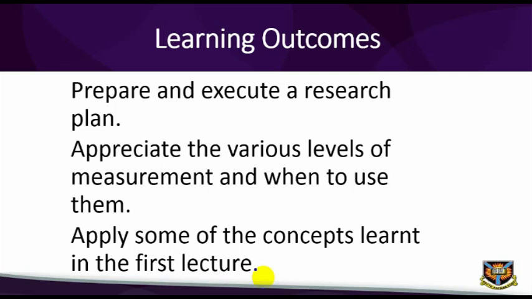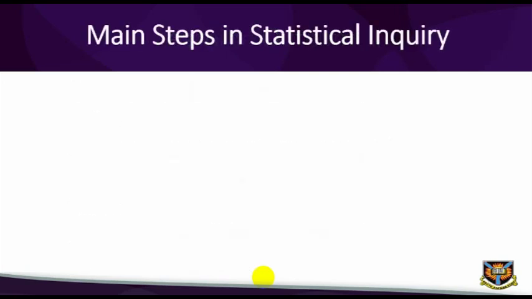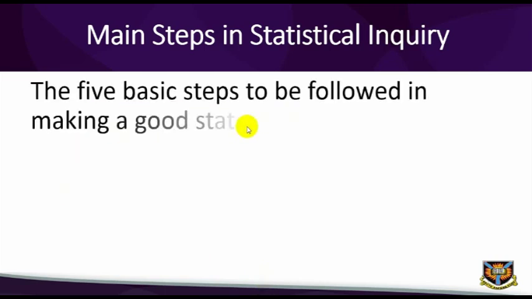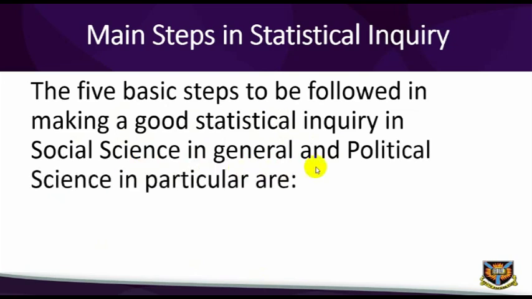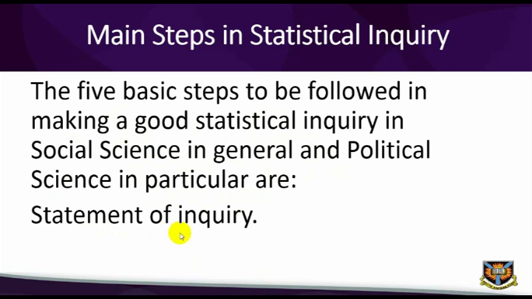Content. Section 1. Main steps in statistical inquiry. The 5 basic steps to be followed in making a good statistical inquiry in social science in general, and political science in particular, are (Gupta 1982, Wolise 1984, and Obasi 1999): 1.